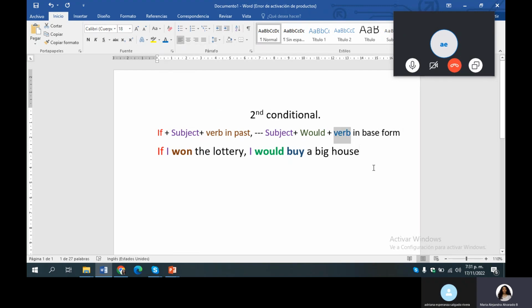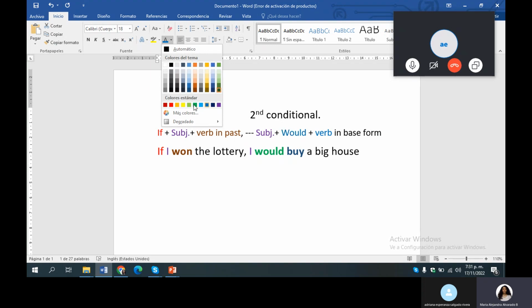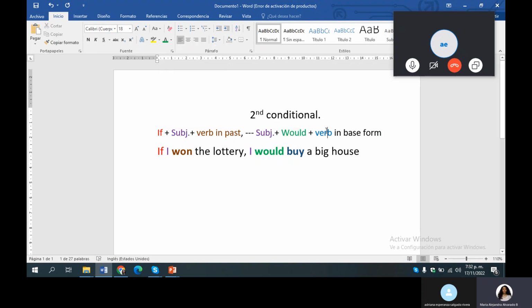Okay, so here we have the if, subject, the verb in past, and the other part, we have the subject, we have the would, and we have the verb in base form.